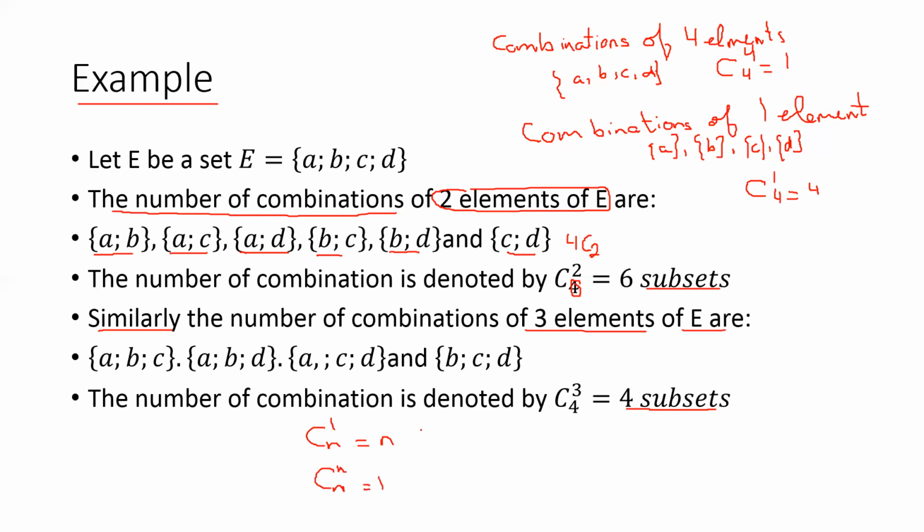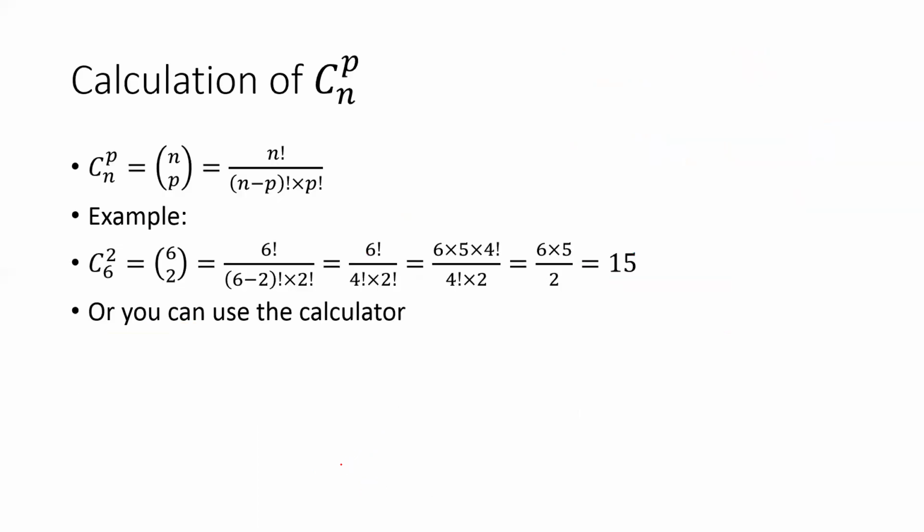Good. We will see why later. If I have n choose 0, that is 1. You will see later why 1. Okay.